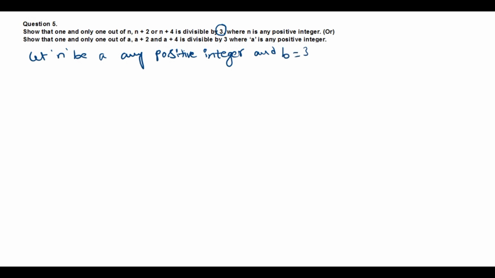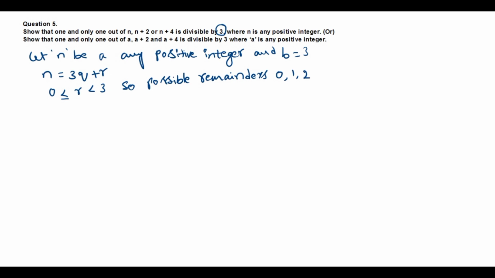Okay, then by the division algorithm n equals 3q plus r, where r is the remainder, right? For some integers, with the condition 0 less than or equal to r less than 3, so the possible remainders are 0, 1, 2.